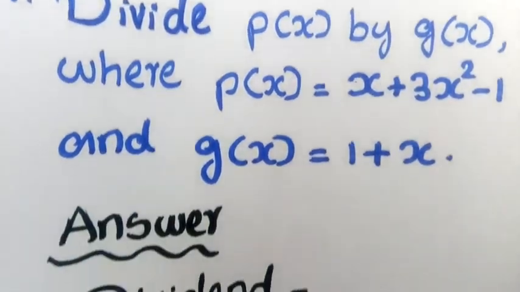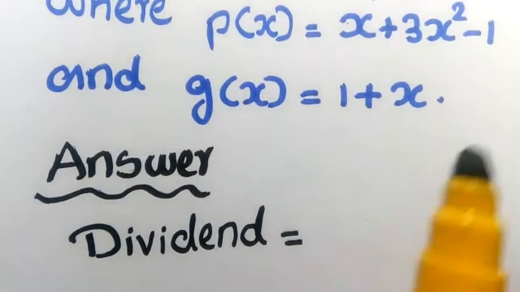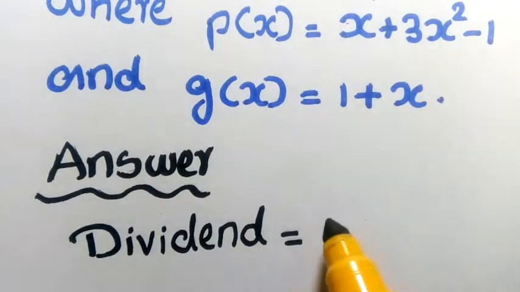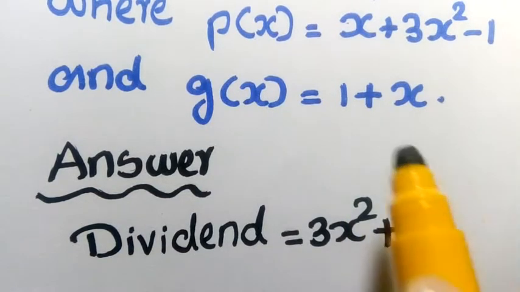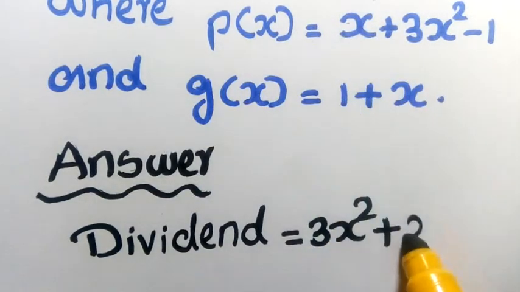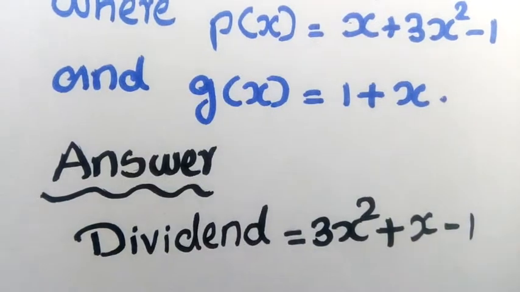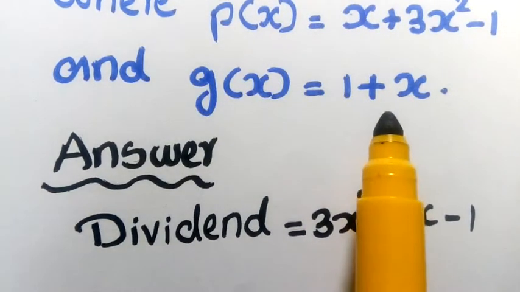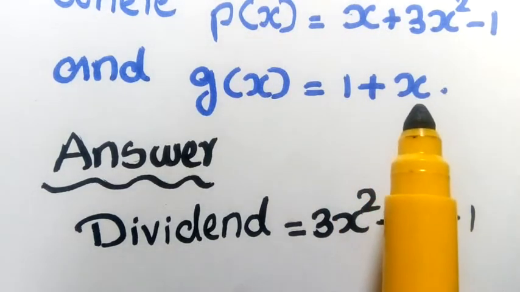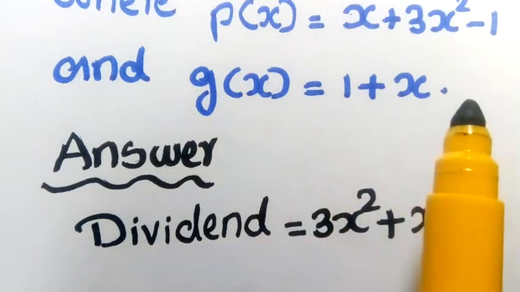So, the dividend is equal to, first 3x square will come, 3x square plus x minus 1. Then the divisor. Here we have 1 plus x. First x to the power 1 will come, plus 1.